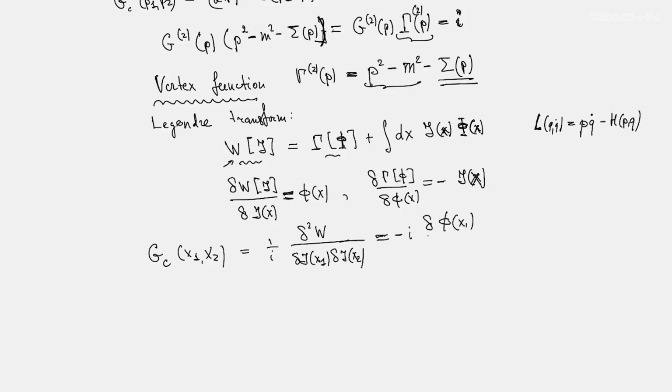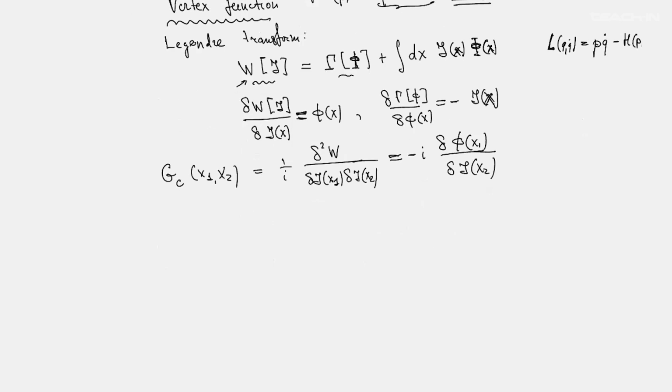Now what we can do, we define a kernel gamma depending on x1 and x2, quite analogously to the definition of the Green's function, namely as a second variational derivative of gamma with respect to this field phi, like this.